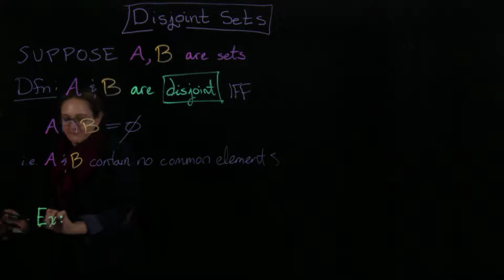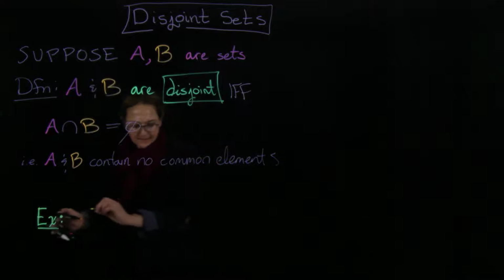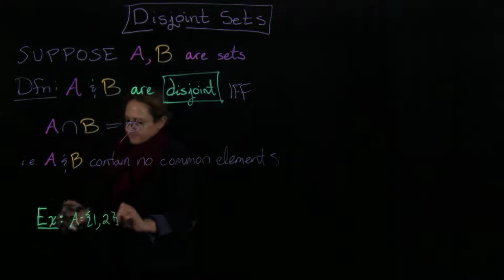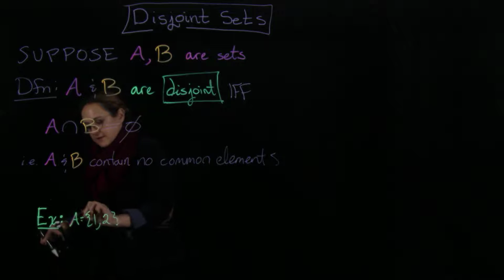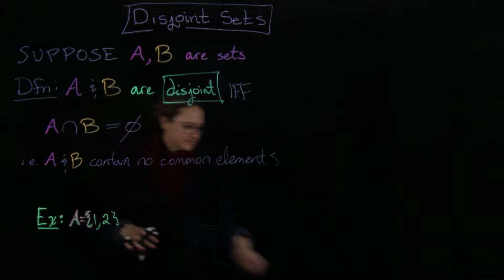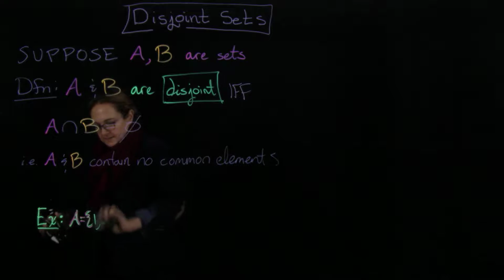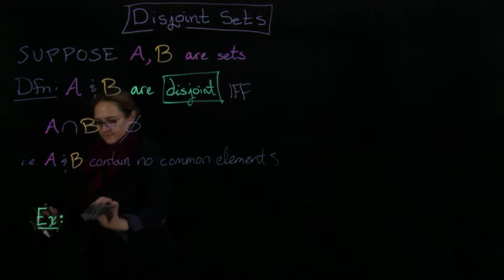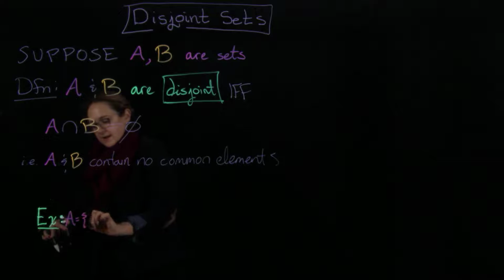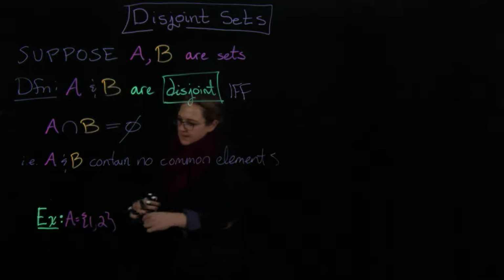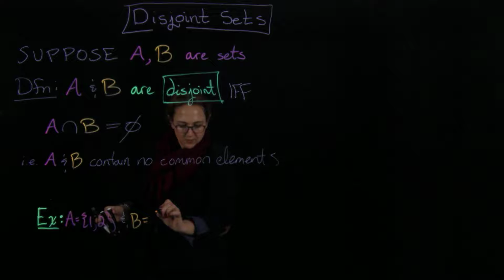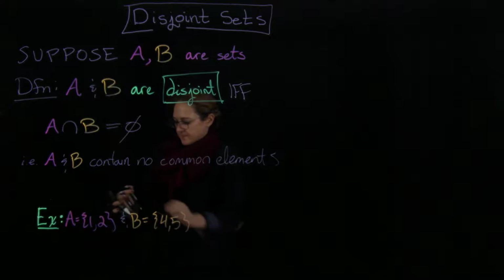So here's our example: A equals {1, 2}, and B equals {4, 5}. These are disjoint.